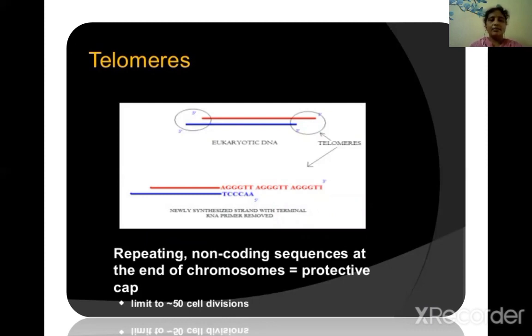The RNA template is a repeat of the hexanucleotide sequence characteristic of telomeres in a given species. The telomerase repeatedly uses the RNA template to synthesize the telomeric DNA characteristic of a given species. Therefore, in cells expressing telomerases, the length of telomeres remains constant.